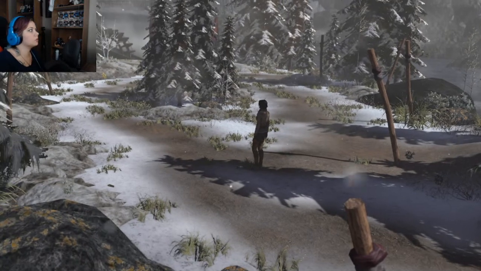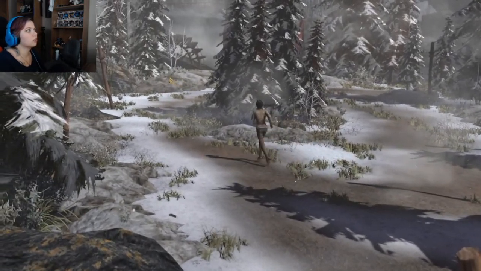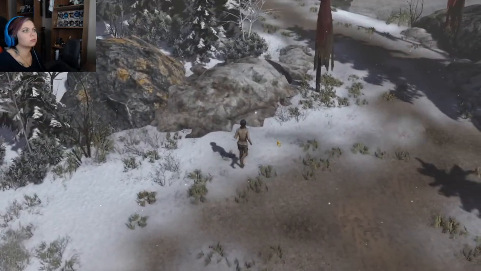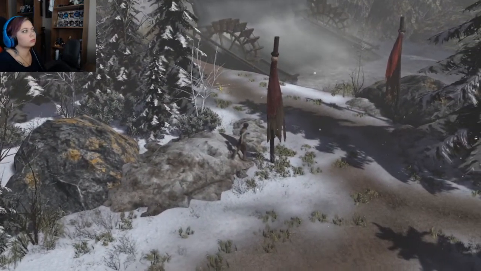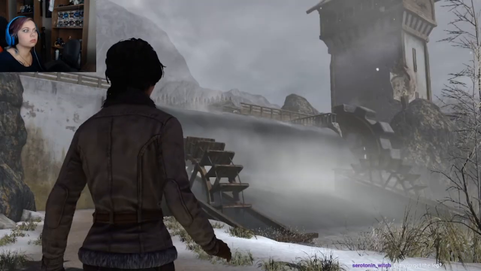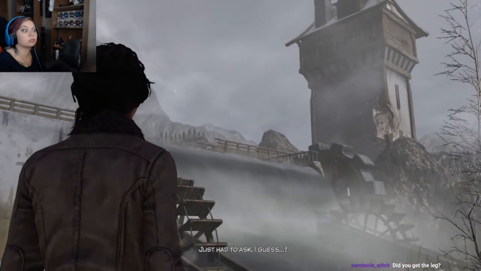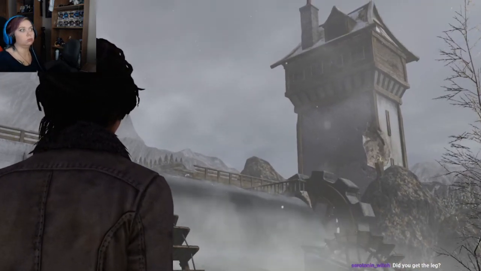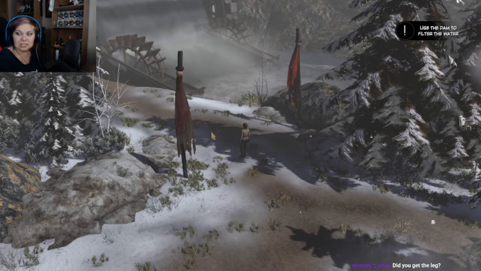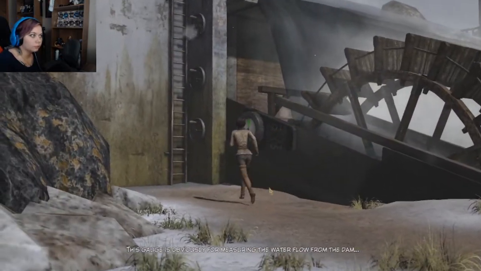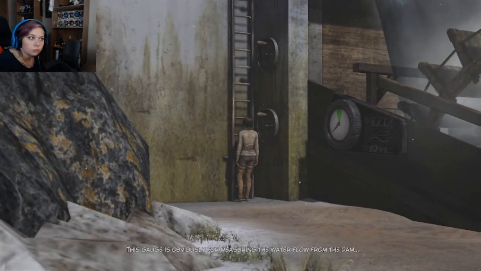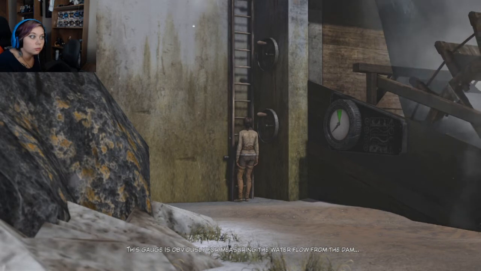this is surrounded by a bunch of pillars. Just had to ask, I guess. What? What? This gauge is obviously for measuring the water flow from the dam.